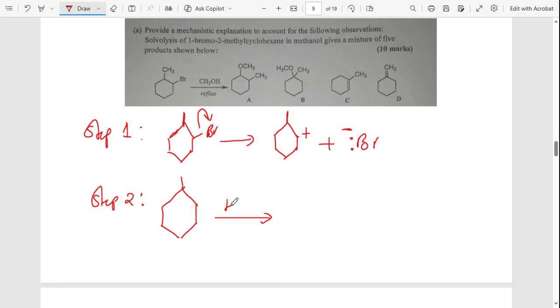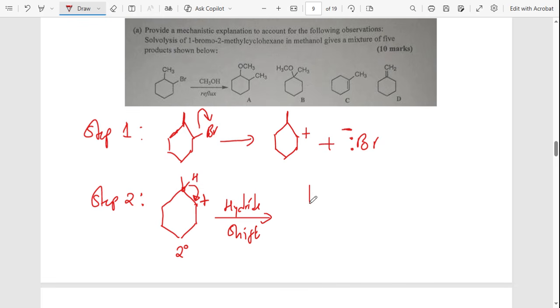So I'm going to write hydride shift. Remember there's a positive charge here. This is a secondary carbocation because the carbon containing the positive charge is bonded to other carbons. This carbon contains only 3 groups, so the fourth one is a hydrogen. That hydrogen will leave and come and attach here.